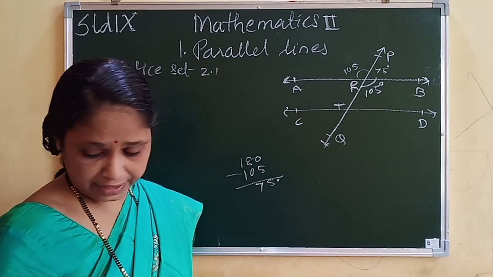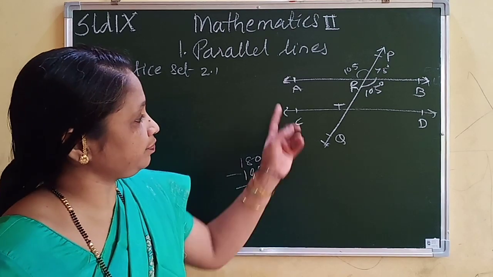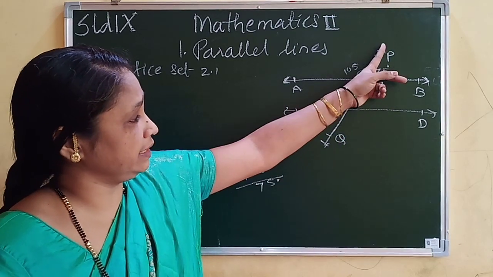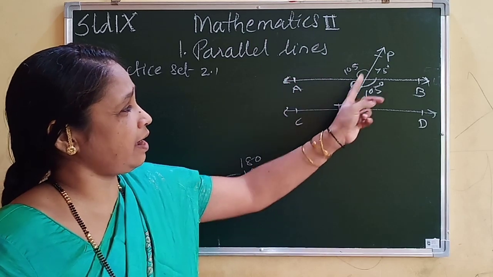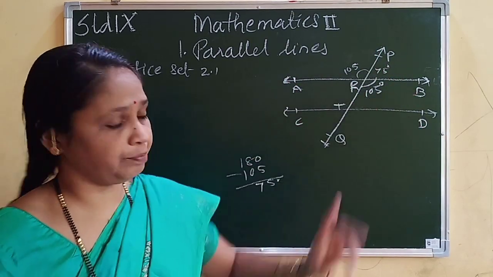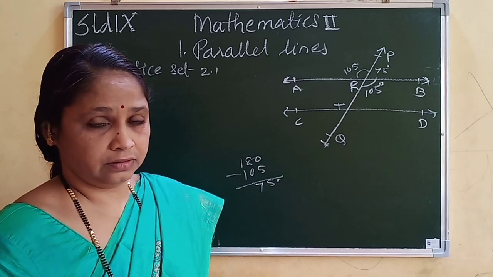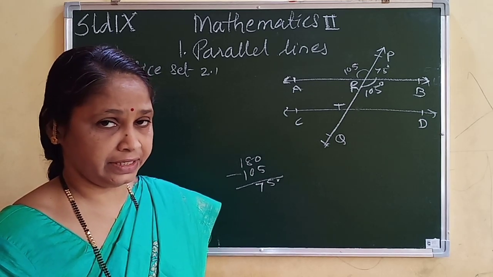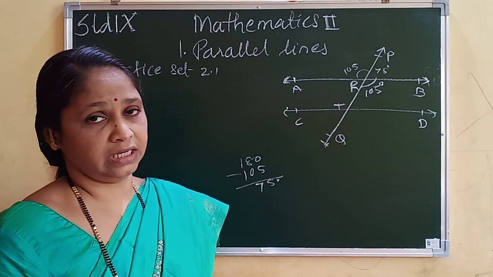Now we have to find angle ART. How will we write it? Angle ART plus angle PRB is equal to 180 degrees. Why? Angles in a linear pair.